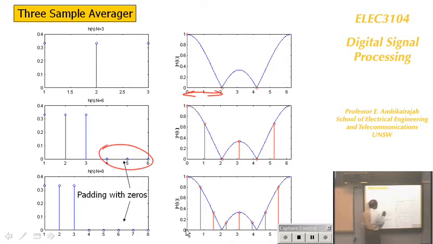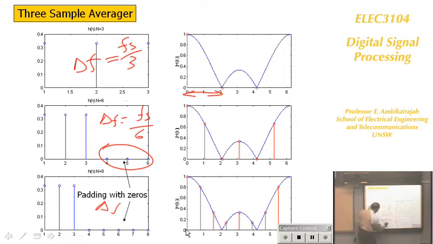By adding 3 extra zeros, this is fs over 3 as your delta f here. Now delta f equals fs over 6. Now delta f will become fs over 8. So you can see this is the delta f now. That's delta f earlier. Now this becomes delta f.